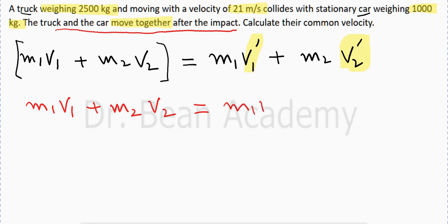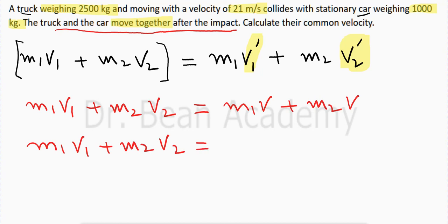So m1 v plus m2 v, and m1 v1 plus m2 v2 equals, so as usual what we always do in algebra, we want to combine the similar variables. So it will become v because v is common, and remember this v is the combined velocity of the truck and the car after the accident.